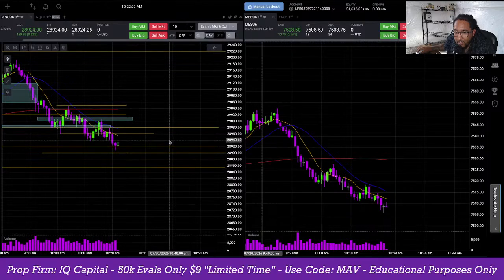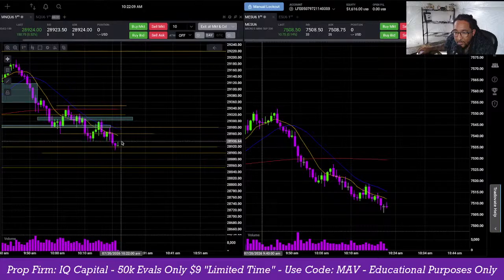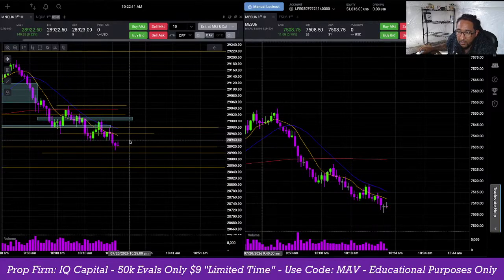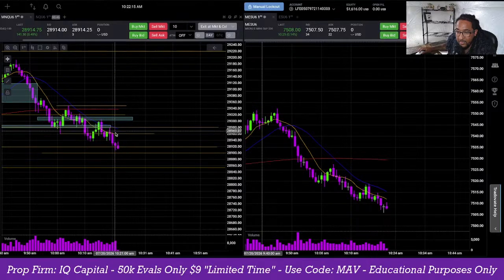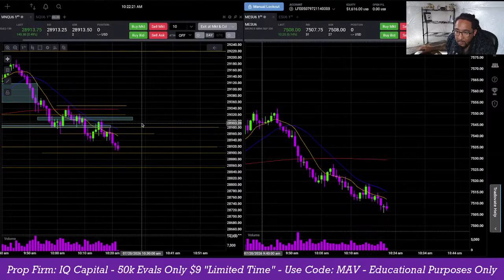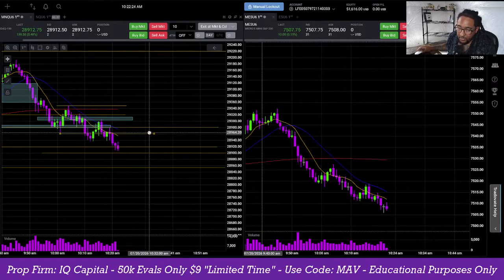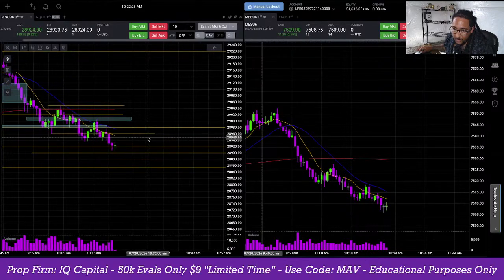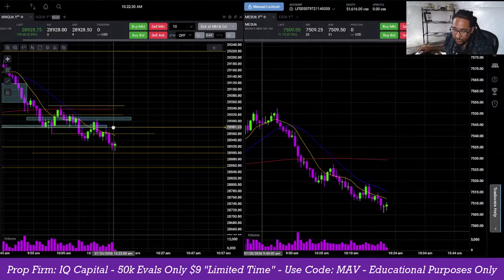We have a small inefficiency here, which was rejected. And being as though there aren't many inefficiencies created to the downside here, price is pretty balanced and has no reason to retrace to balance price. The only two reasons it has to retrace is to balance price or to sweep liquidity.